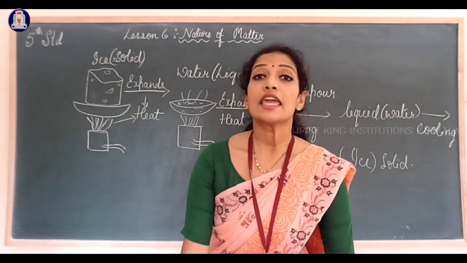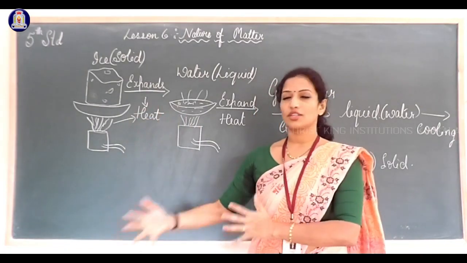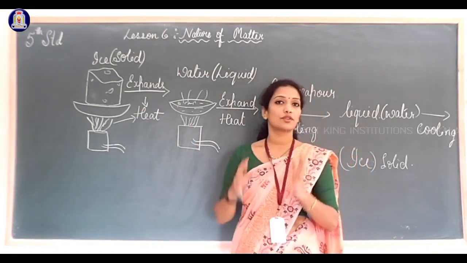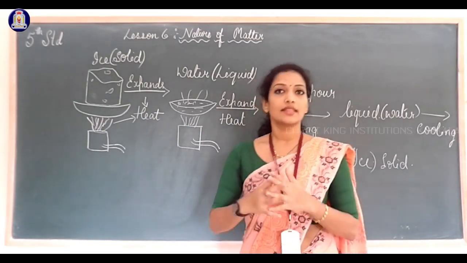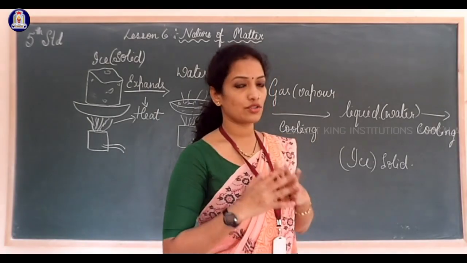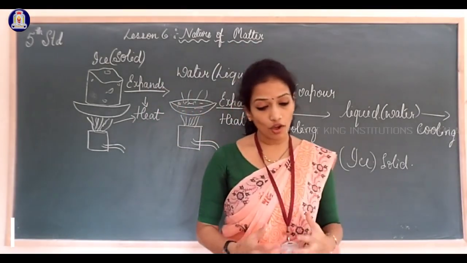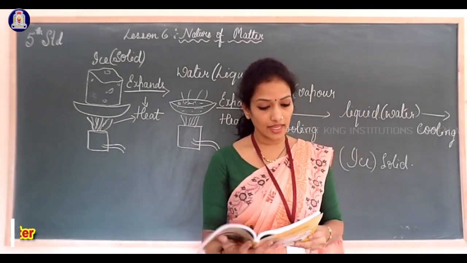So this is the effect of heat. What happens due to the effect of heat? There will be a change in state of matter. Because of the effect of heat, there will be a change in state of matter. So let's read again.